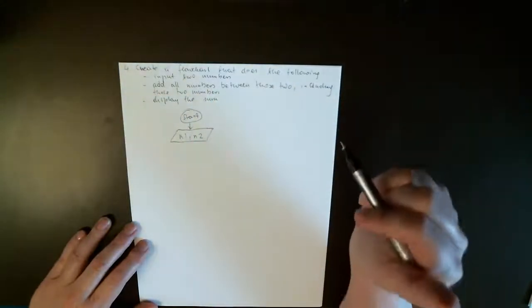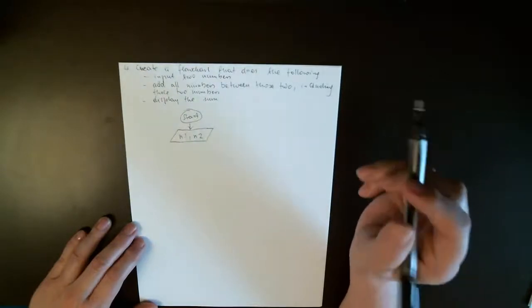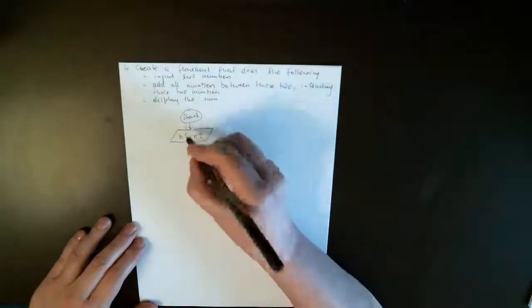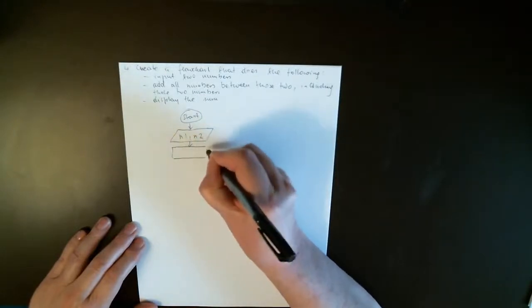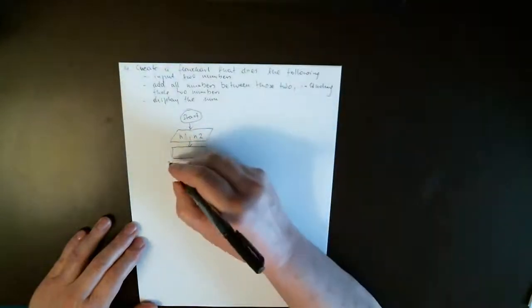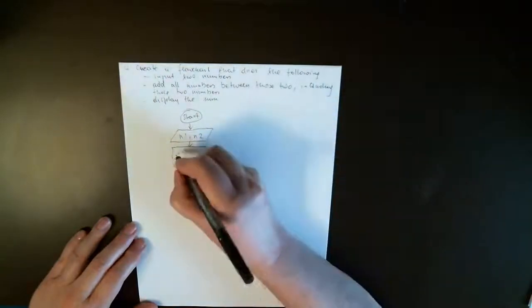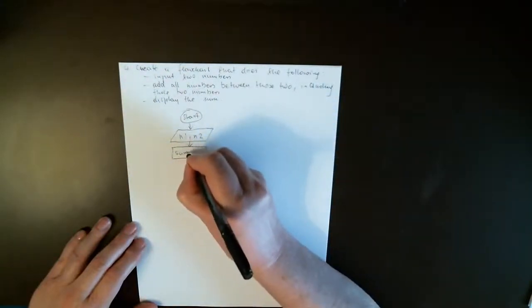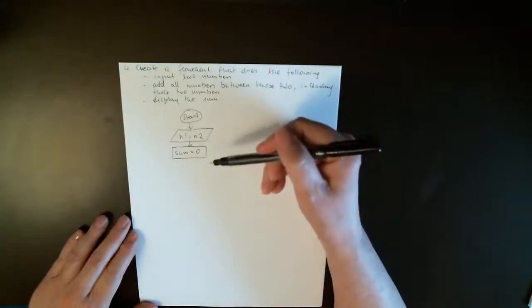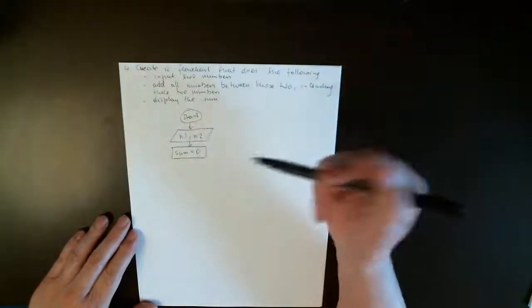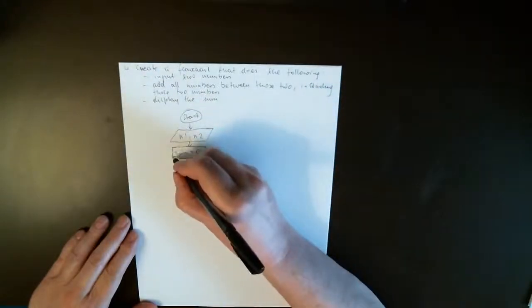We know we have to add, so there will be a variable called sum. Because we are going to have an equal sign here, we are going to use the action or process shape. We will assign 0 to sum, to make sure that there's nothing inside the variable called sum.